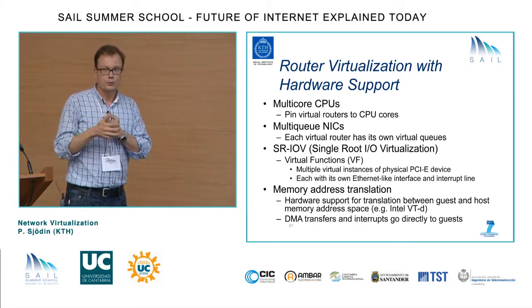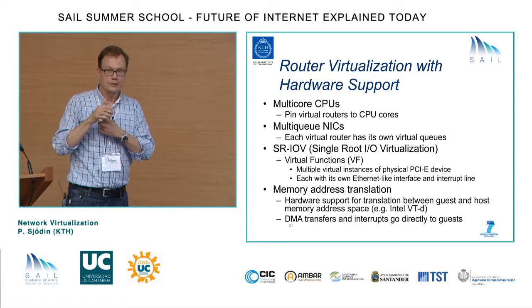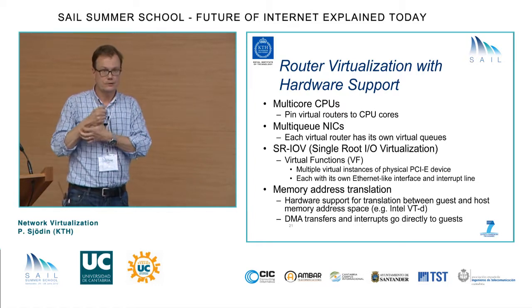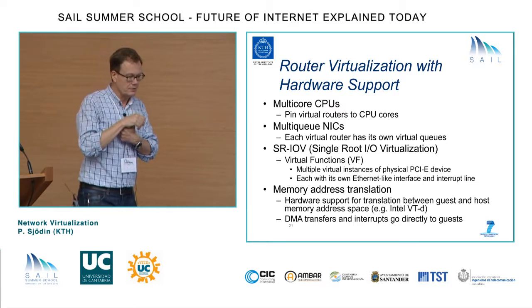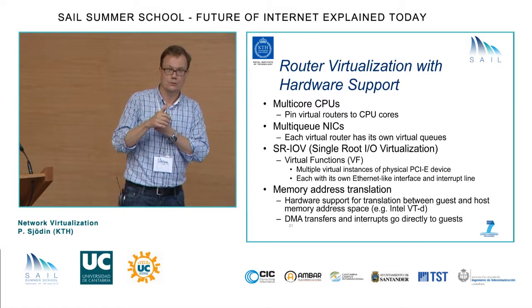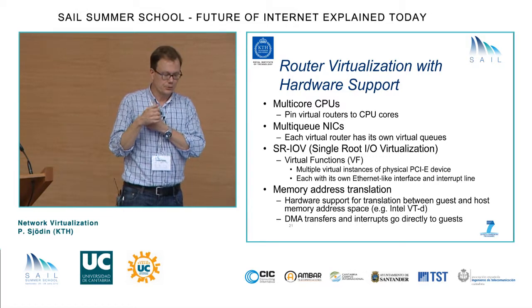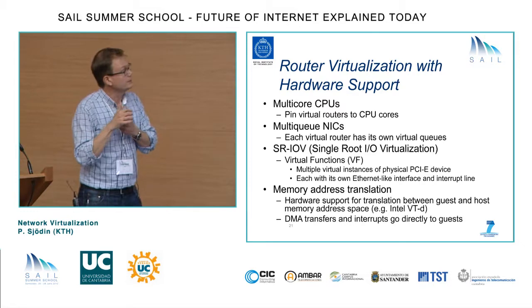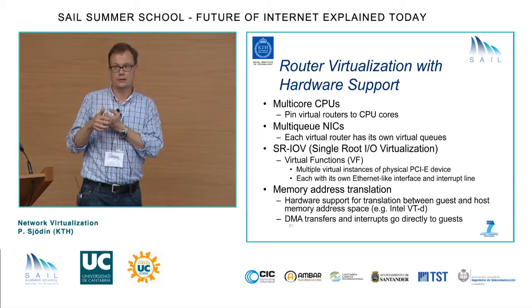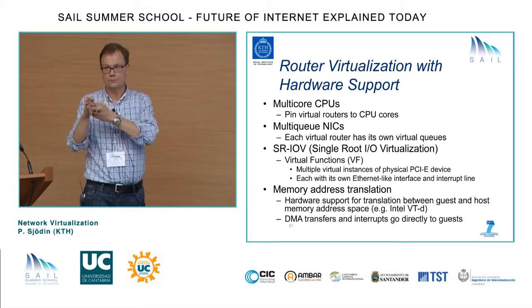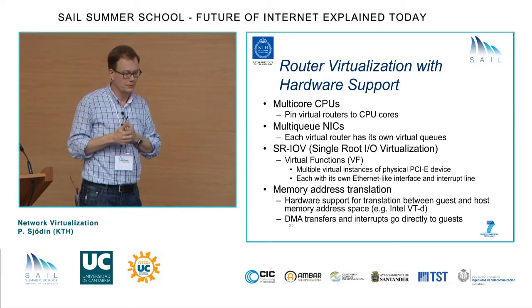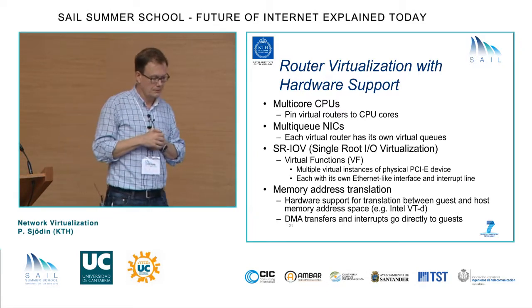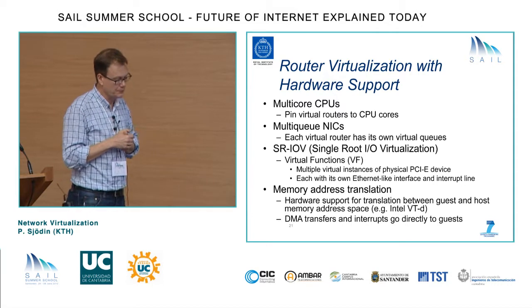So there is hardware support for having multiple Ethernet interfaces. Each of these virtual interfaces is going to look like an Ethernet interface. It's going to have its own MAC address, and so on. And it's going to have its own interrupt line as well. So we're going to have different interrupts and different interrupt lines associated to different input queues.